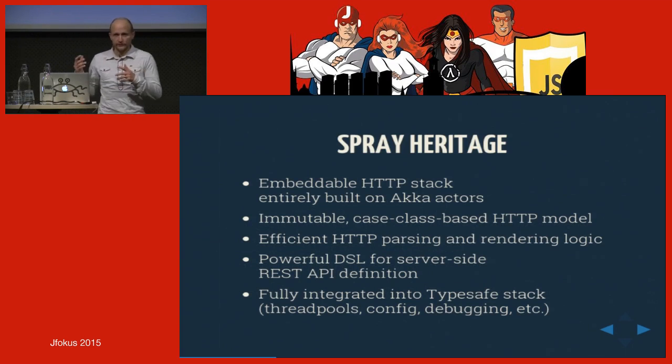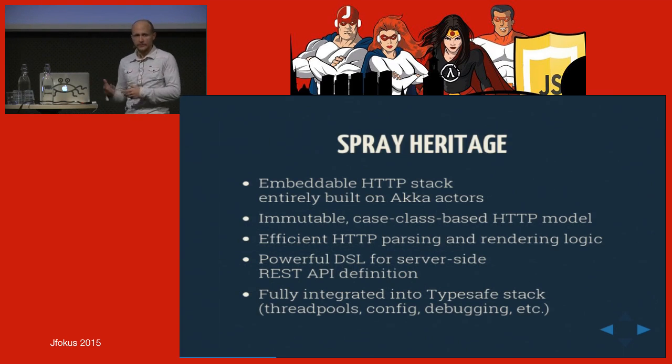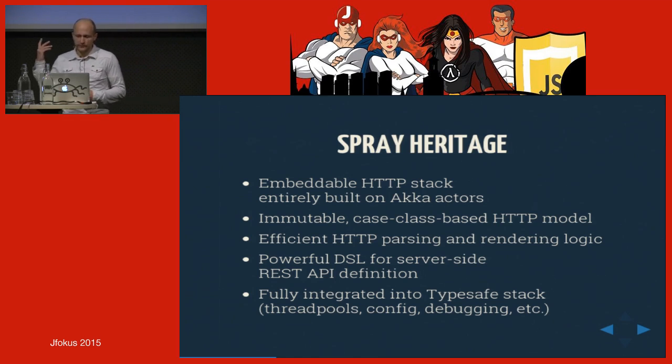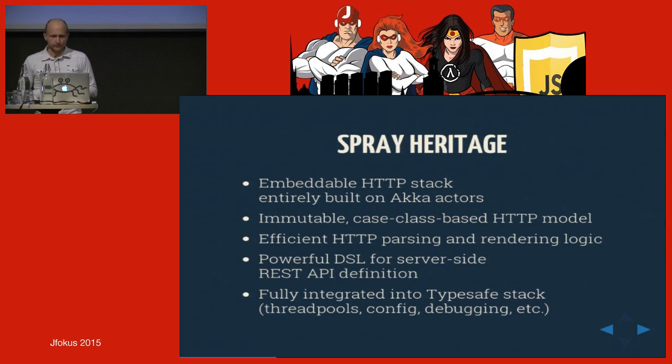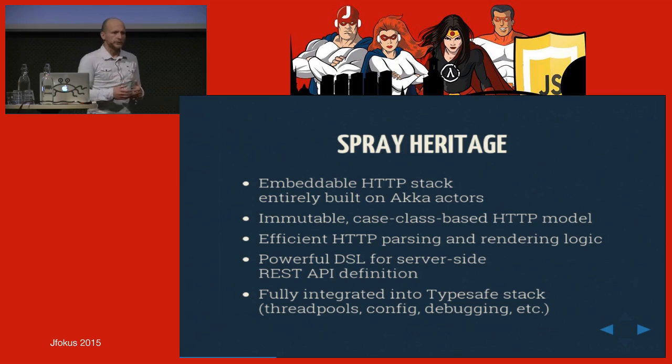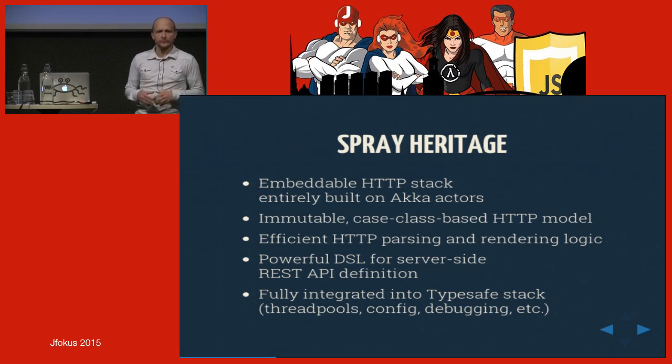Now, there's also a lot of stuff that we are very happy with in the existing world. This is all what we take on. It's the nature of being embeddable, as you might expect, or maybe not. So it's, as I said, not a container that you put your stuff in. There's one nice thing, we'll also see that later, which is the HTTP model. There's a proper immutable model for everything around HTTP.